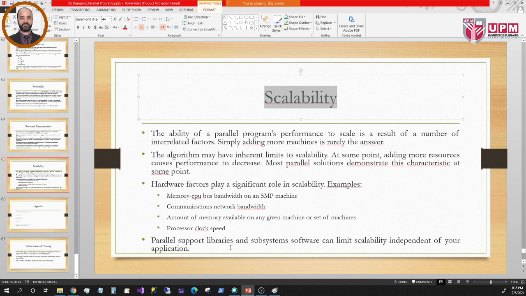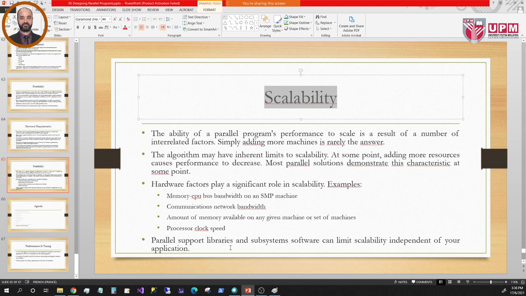So if you increase the number of processors, those extra processors are not going to be used. So the program will not have scalability, because it cannot scale itself on different numbers of processors. It can only utilize 4 processors. So in this case, the program is not scalable.